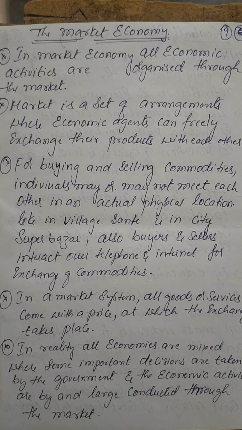The same thing happens in the market. The buyers are ready to buy the product and pay money to the sellers. Sellers are ready to sell the product at the price it is priced. Economic transactions are happening, and economic activity is taking place in the market economy. That is the first point.